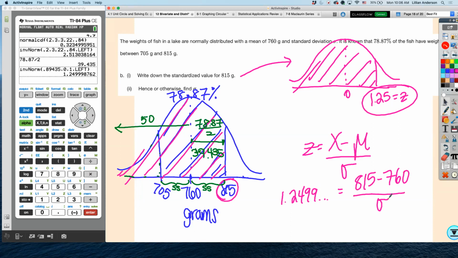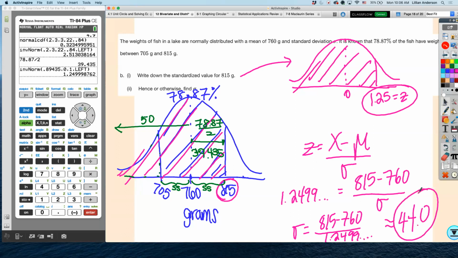I use this formula to find my standard deviation. What is my standard deviation? 44? Did you use the exact value? Did you use the rounded? So if you use the exact value, it should be 44.0. So I gotta put that point on.